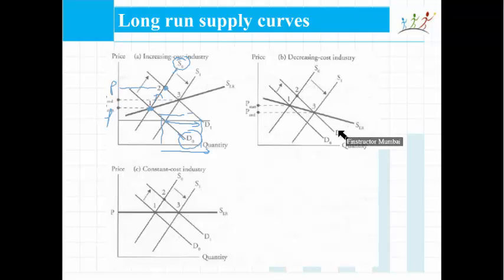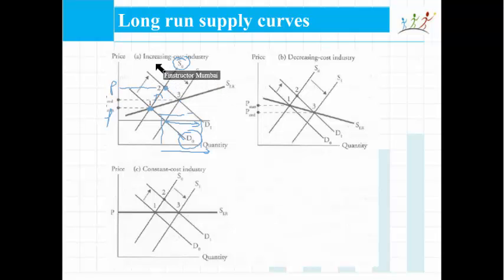That is, the increase in demand is in the long run causing the price to decrease because supply is so innovative and supply is so technologically efficient. This is an example of a decreasing cost industry. Computers are a very good example of a decreasing cost industry. Even though demand has shot up, prices have come down because the new supply is so technologically innovative that the cost of production is lower.